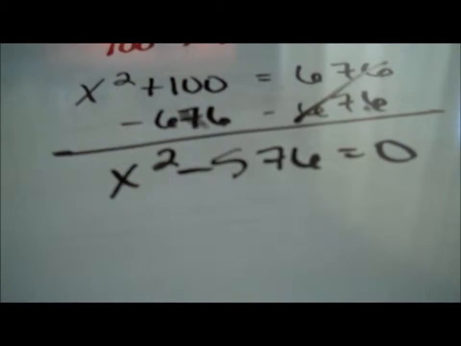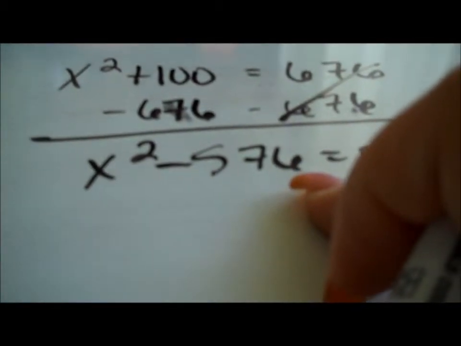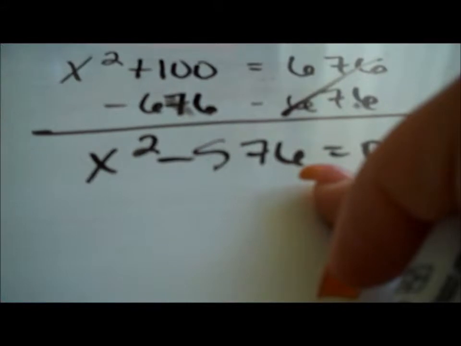Now I understand that you don't have a calculator and you can't take out a calculator to find the square root of this in this class. And you do need to find the square root of 576. But you need to know your rules when it comes to multiplication. I need to find a number that when multiplied by itself gives me 576.